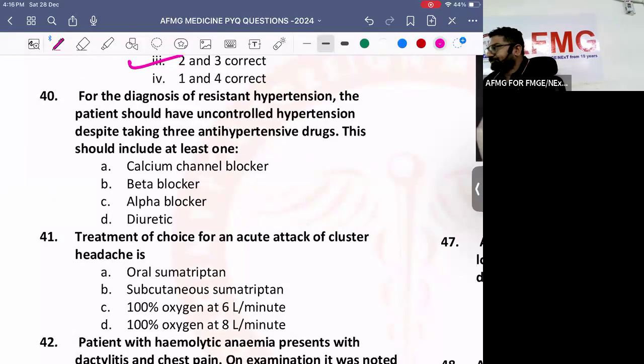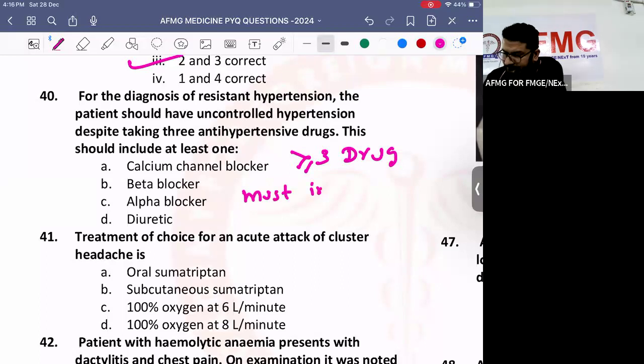When do we call it resistant hypertension? Hypertension that is not responding to 3 or more different classes of drugs, that must include which diuretic? And thiazide is a diuretic. So the answer will be diuretics.